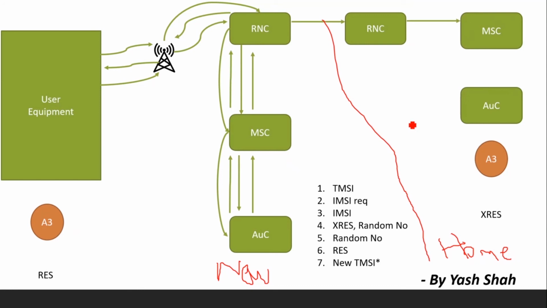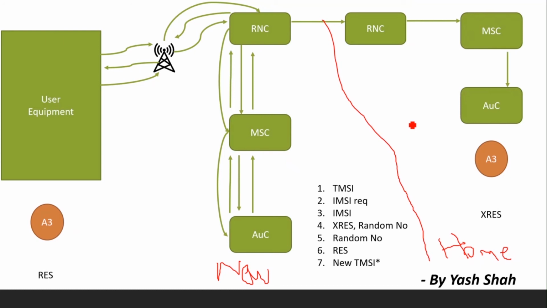So if you see here, the AUC sent the IMSI to the MSC, which was forwarded to the RNC, and the RNC forwarded it to the next RNC of the home cellular network. The RNC forwards it to the mobile switching center.